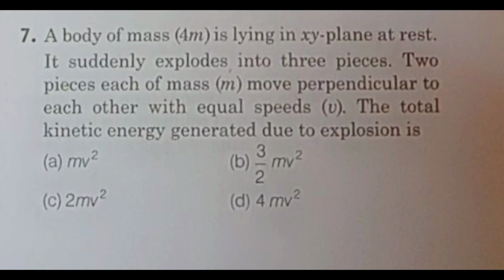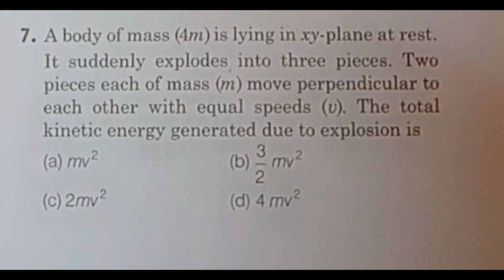Now let's look at the most important questions from the physics section, and here is our first question. A body of mass 4m is lying in the xy plane at rest. It suddenly explodes into 3 pieces. 2 pieces each of mass m move perpendicular to each other with equal speed.